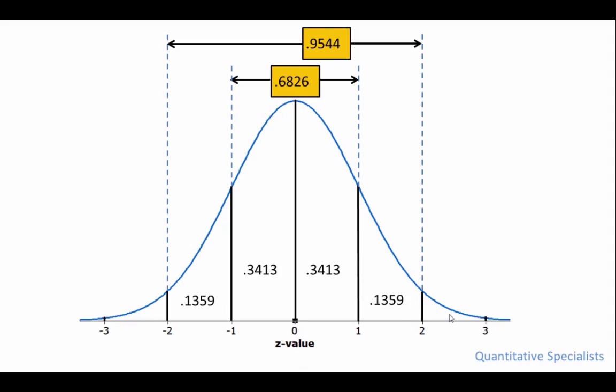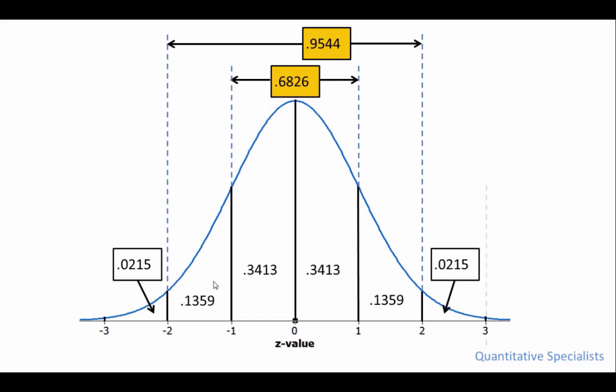Now let's go ahead and take a look at 2 more values. From 2 to 3, the proportion is 0.0215. And then as you know, since it's symmetrical, the proportion would be the same from -2 to -3. So there's 2.15% of the values that occur from 2 to 3 standard deviations above the mean, and the same 2.15% of the values occur from -2 to -3 standard deviations below the mean.